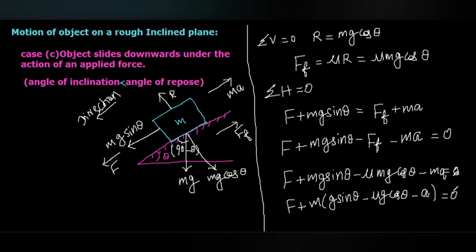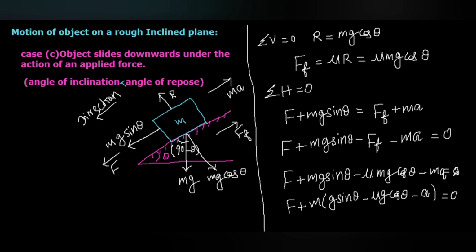Okay. In case here the surface is not rough, then we have to remove the FF. That means this mu g cos theta term will be eliminated, in the same condition on a smooth surface instead of a rough inclined plane.